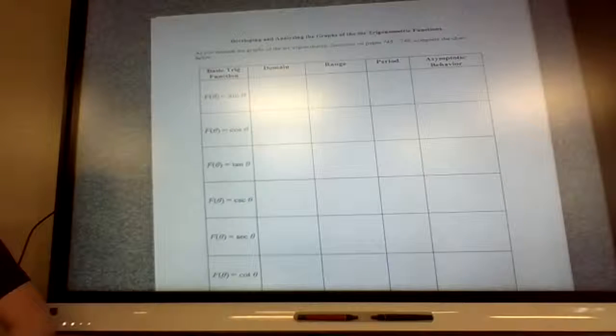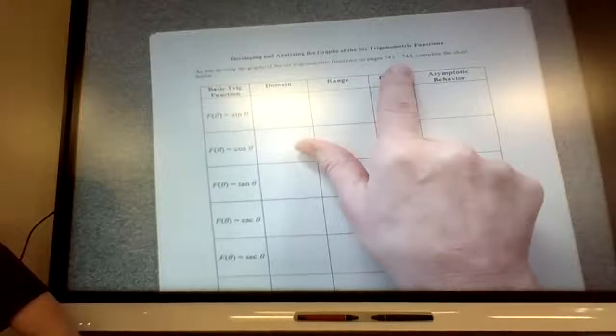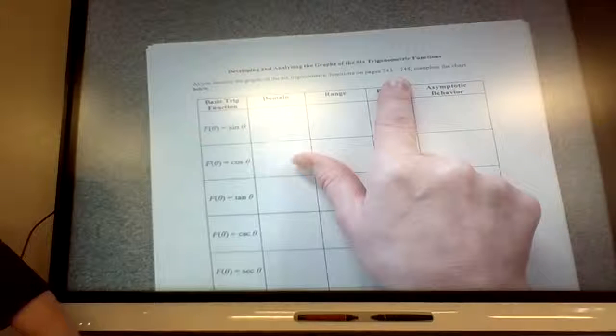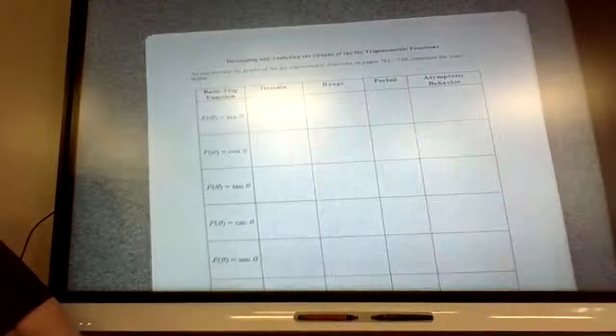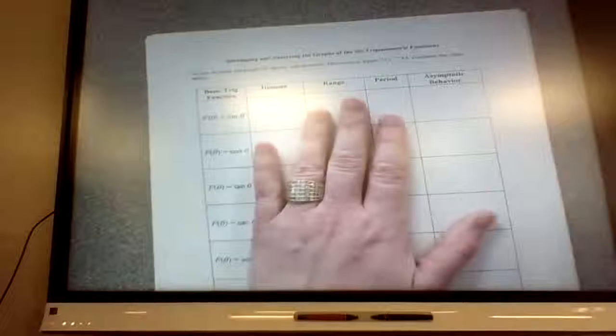Okay, good. All right, so today we're going to develop and analyze the graphs of the 6 trig functions. They're back. But now it's the graphs. Now the pages are totally off because this is page 716 and it says 743. So I'm not really sure. Anyway, this is actually the last page that you do.